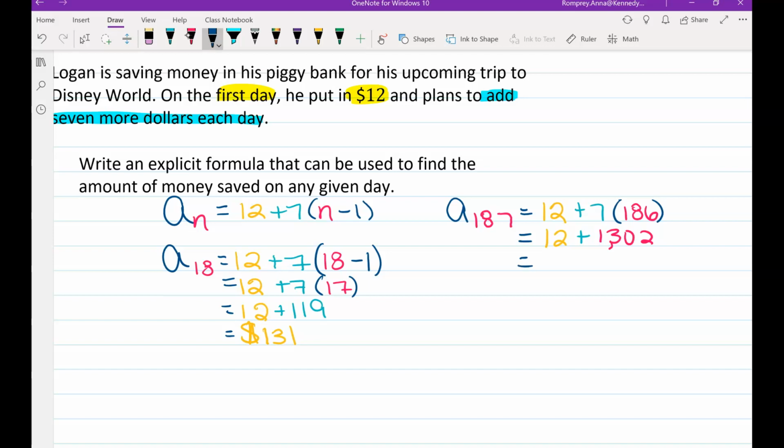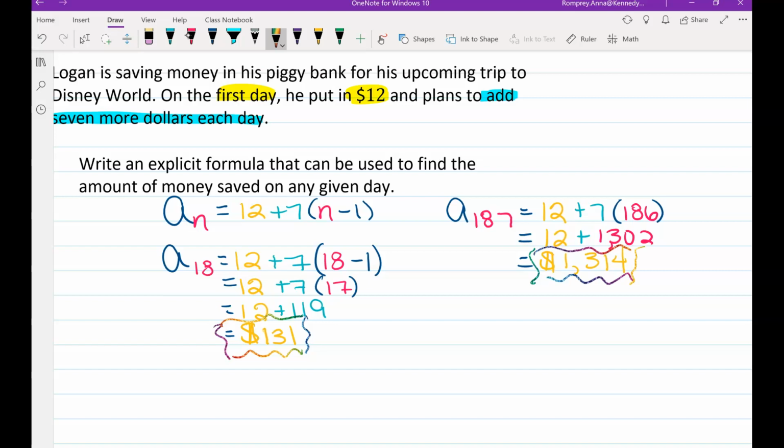So after 187 days, apparently Logan is taking an awesome vacation at Disney World with $1,314. So apparently he's not only buying everyone's ticket, he's also probably staying the night in a hotel or something. So he's going to have an awesome Disney vacay.